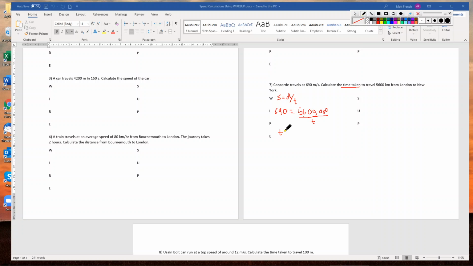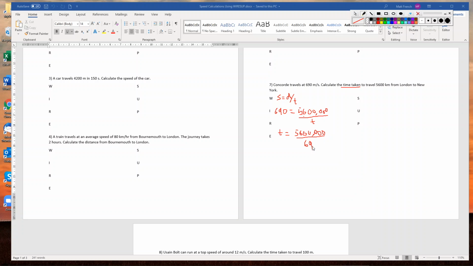The simple way of doing it, we just swap t and 690 around. You can go through multiplying both sides by t and dividing both sides by 690 if you want to, but we can shortcut it by just swapping the 690 and the t around.